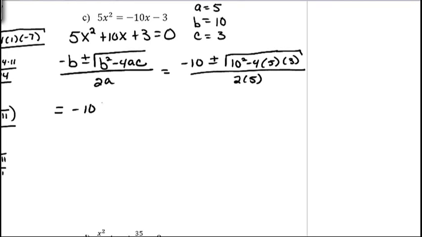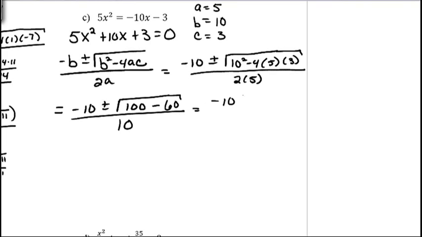So we have negative 10 plus or minus the square root of 100. And then we have minus 5 times 4 is 20, and then times 3 gives us 60. And this is all over 2 times 5, which is 10. So we have negative 10 plus or minus the square root of 40 all over 10.